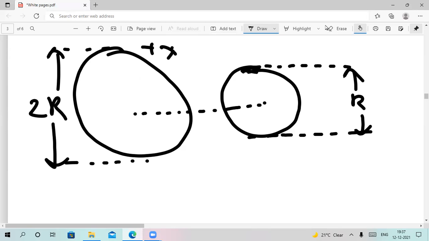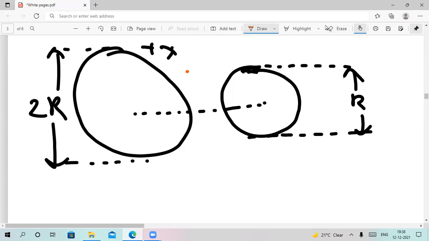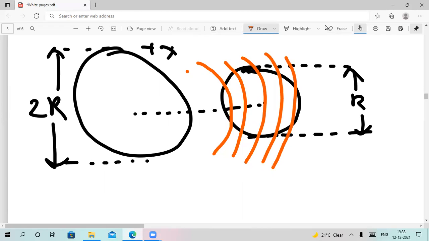When it cuts through the sphere, it will have interfaces like this, because it is a ring and not a sphere. That's why I'm considering only one-dimensional diagrams.